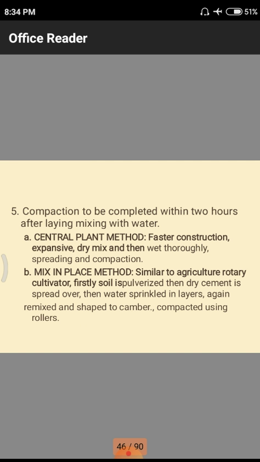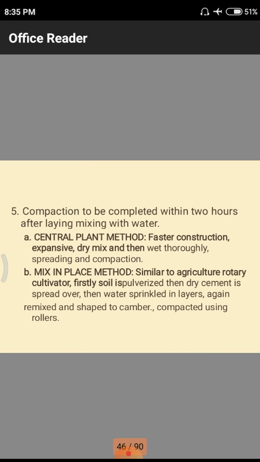Whenever cement is mixed with water, within 1 to 2 hours it will totally set down, so we have to utilize that time and do both compaction and consolidation within these 2 hours.